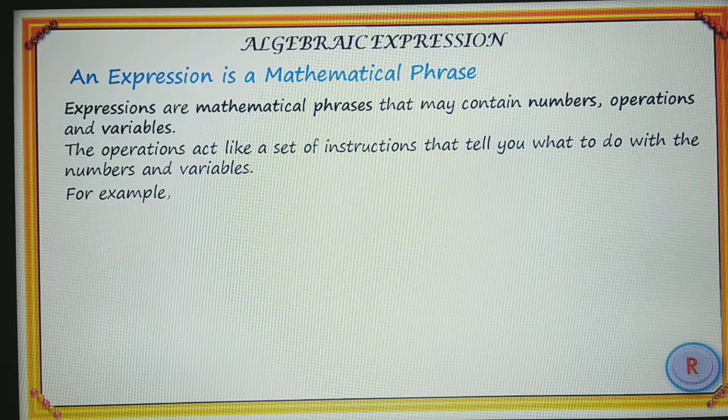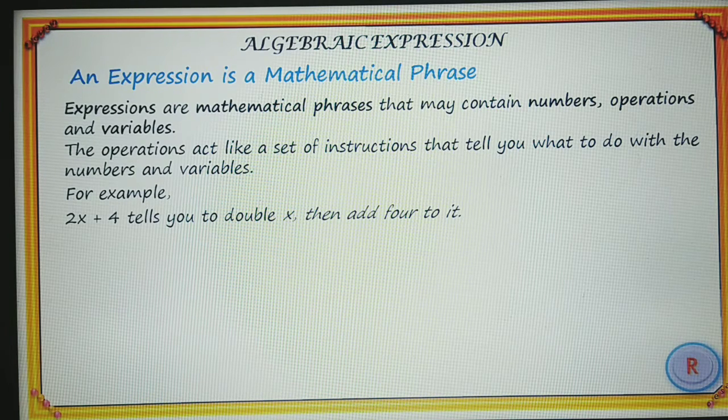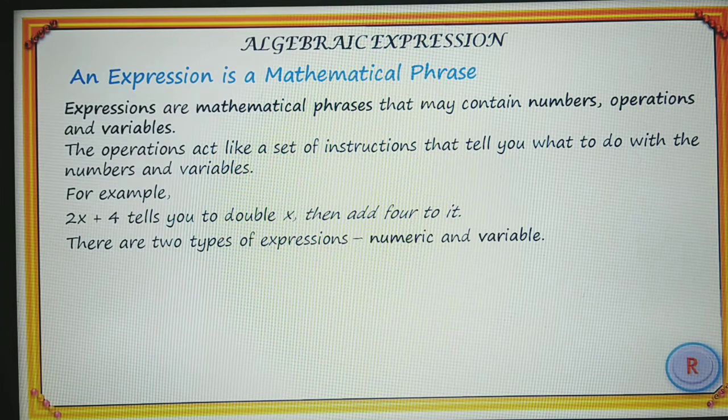For example, 2x plus 4 tells you to double x, then add 4 to it. There are two types of expressions, numeric and variable.